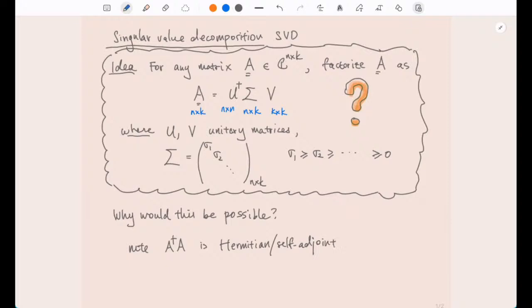Right? Because of course, if you were to take the adjoint of this, this is just A adjoint A adjoint adjoint, which is just A adjoint A. Of course, for finite dimensional matrices, the adjoint is itself. So it's a self-adjoint matrix.